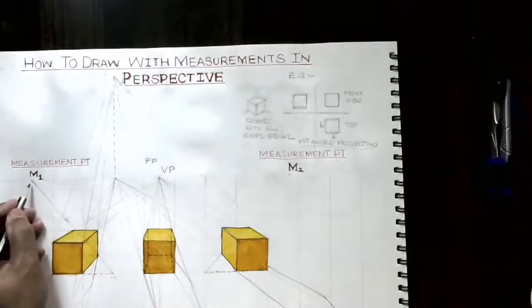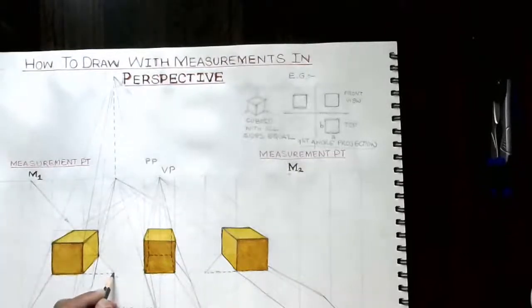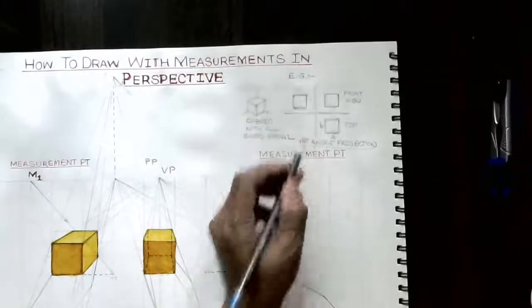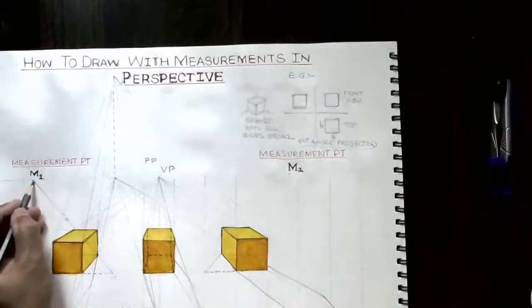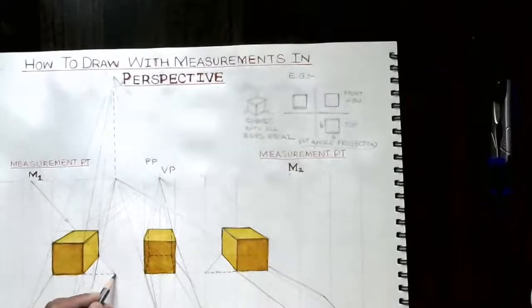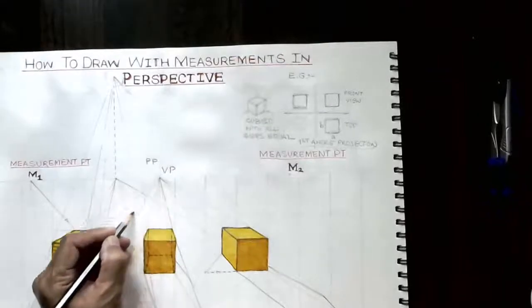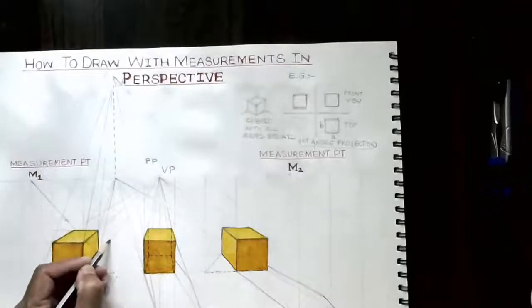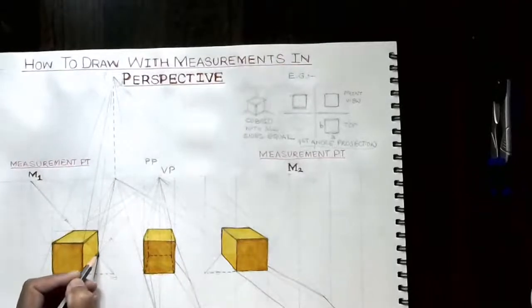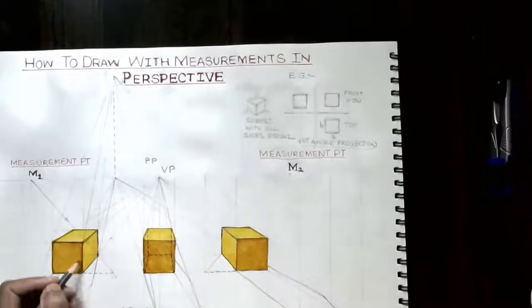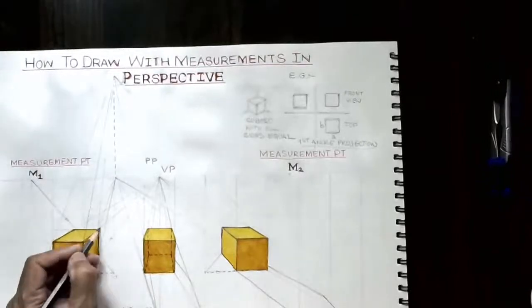First step, from the measurement point, we join this line, which is this length. When we join that and join this, wherever we get the intersection, we raise a standing line. So this is a standing line, and this is a standing line.